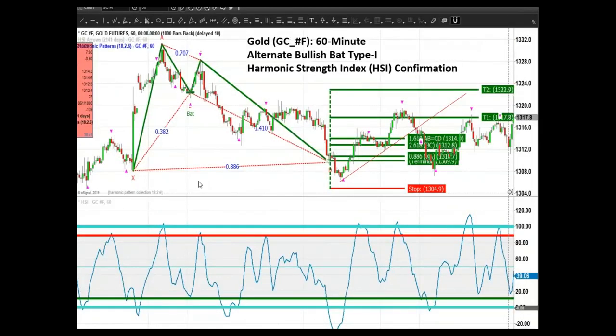Here's that alternate bullish bat. Beautiful structure, ideal PRZ, and now finally HSI coming into the zone. Now, the whole thing can be coordinated by simply looking at what happens as the terminal bar is generated. That's that vertical dotted line. That's the official pattern completion point.